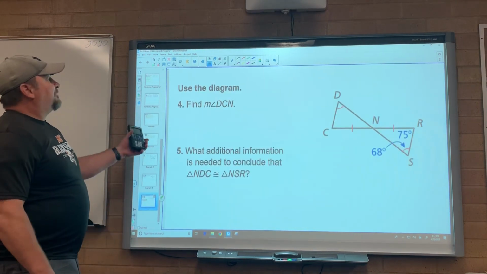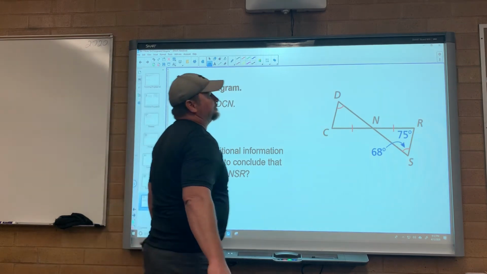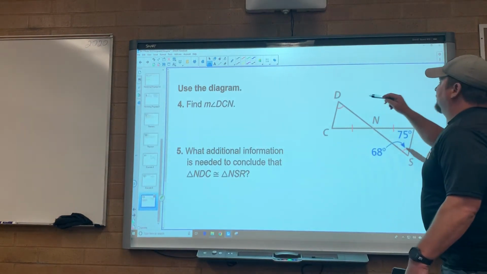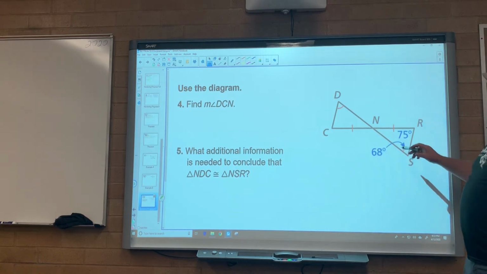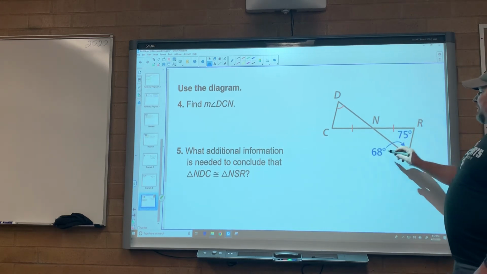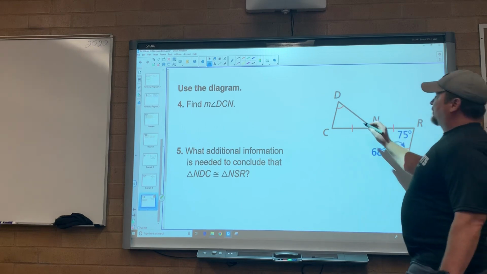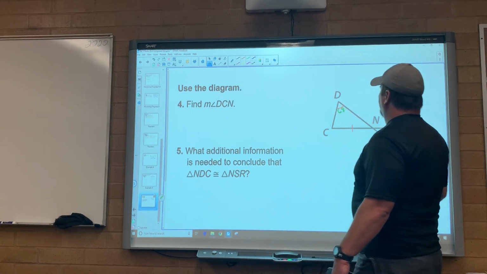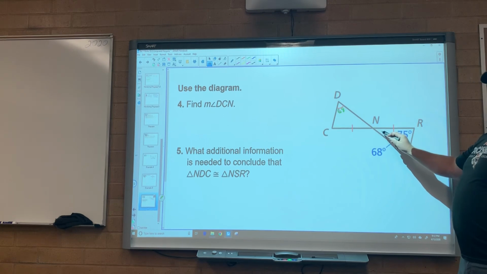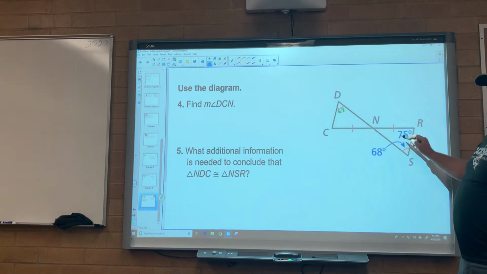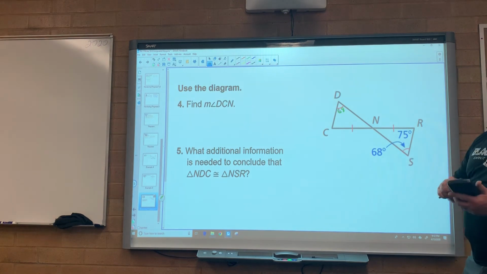All right. Find the measure of angle DCN. DCN is this angle right here. We're going to figure that out by a couple different items. We know that this one's 68 and has one mark, so this one has to be 68. We can find this one right here because two angles add up to a certain amount, subtracting from 180.